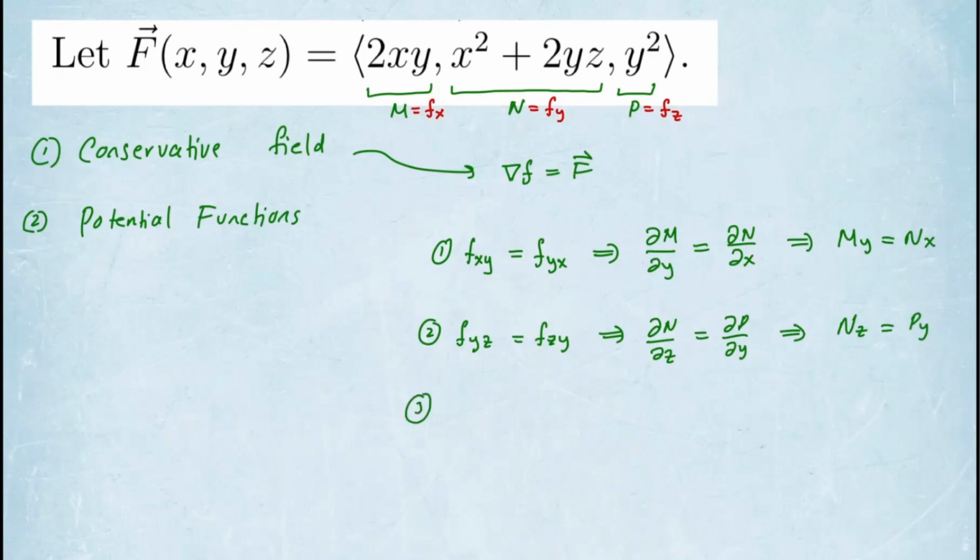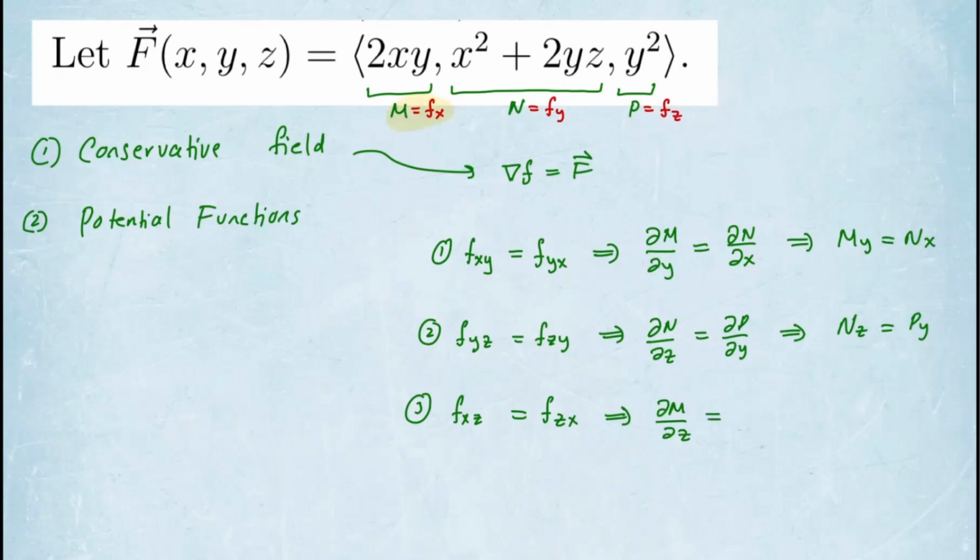And lastly, we're going to show that the partial of f with respect to x, then differentiated with respect to z, is equal to the partial of f with respect to z, differentiated with respect to x. The partial of f with respect to x is M, so we take the partial of M with respect to z.